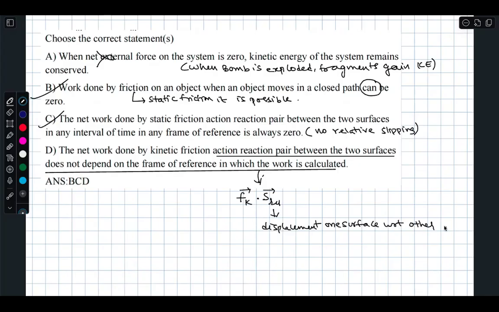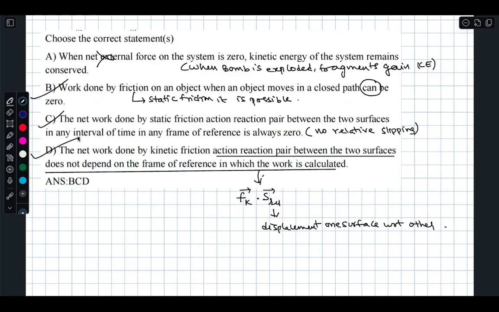Whether you are at rest or in motion in some other frame, this part remains the same. So it depends only on these two factors. So tell me where the frame is affecting in this. So therefore, D is a correct statement.